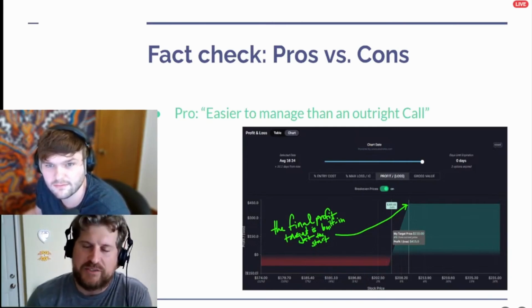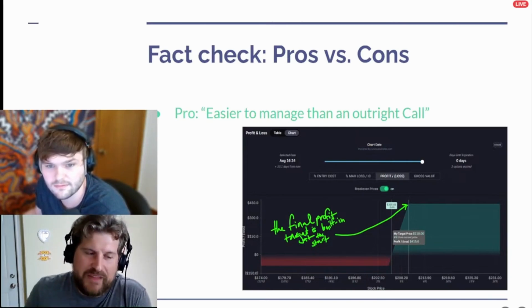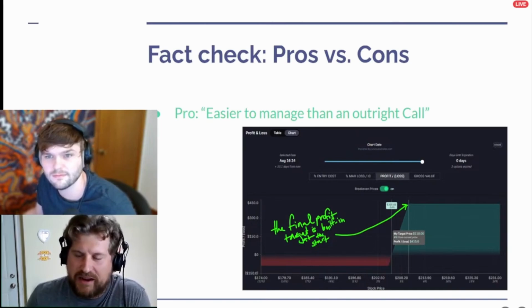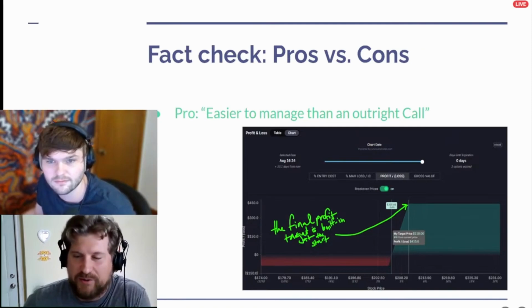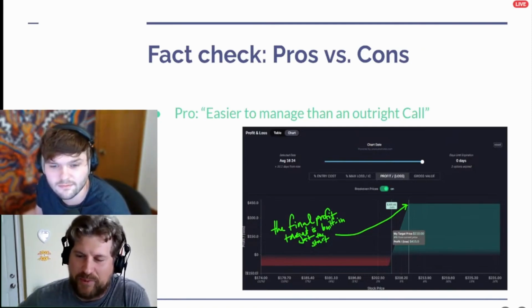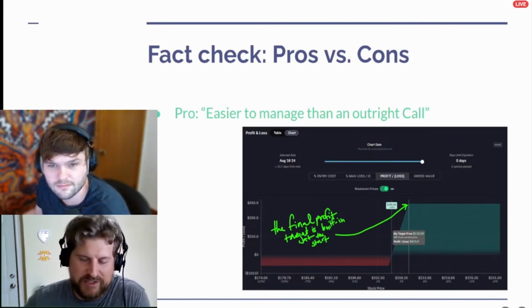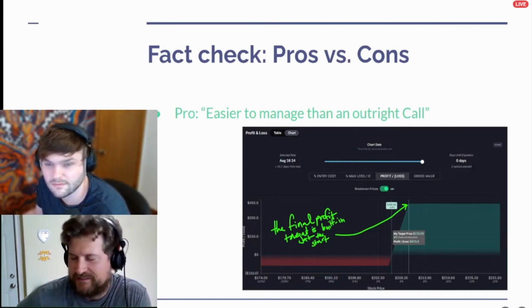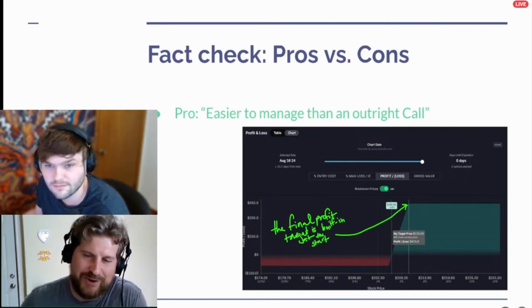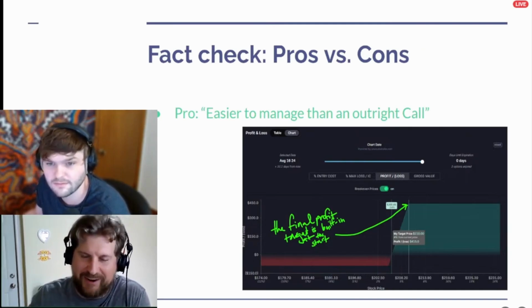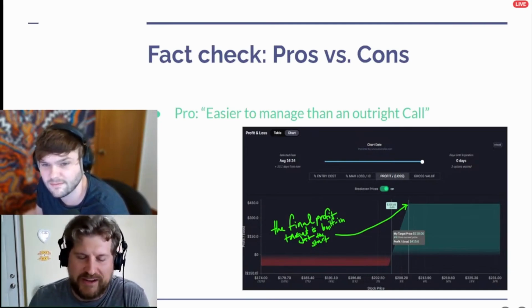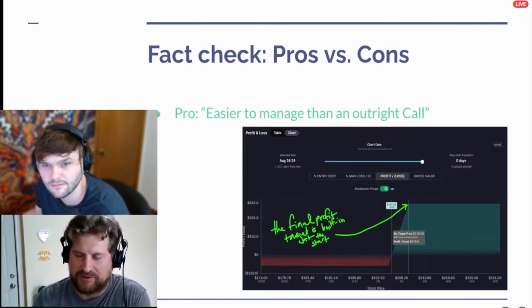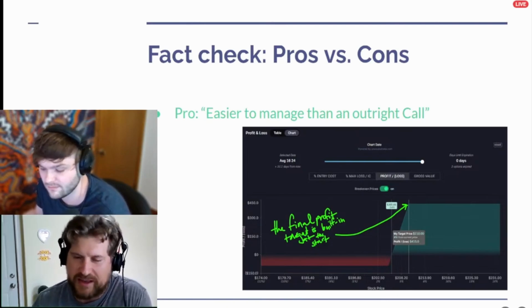If you slap this structure on and it turns out you're wrong in the beginning, then that short leg is going to approach zero. And if your budgeted risk for this position is available, right? You don't go over what you set out for this trade in advance. But if you still have money in the tank and you like that long strike that you have, there's no reason you can't buy back the short.